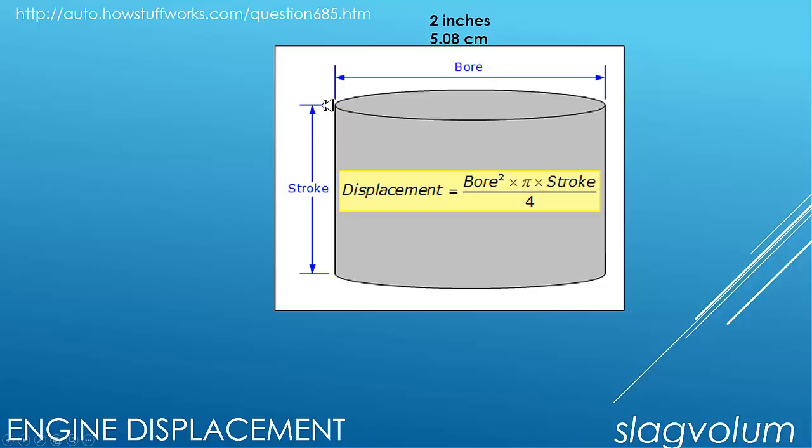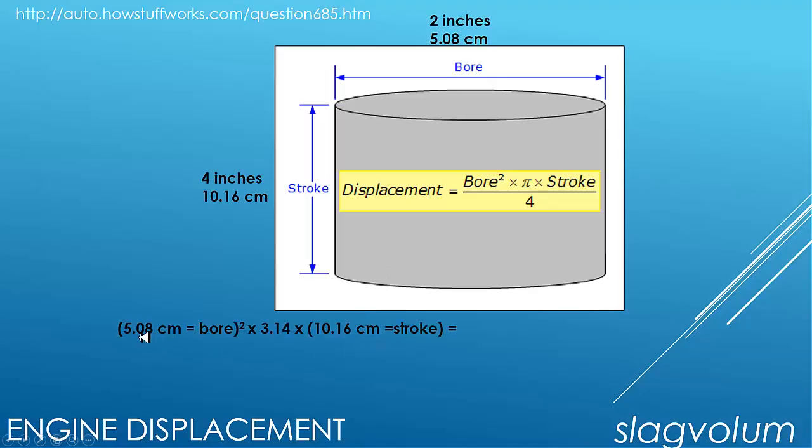And then how far the piston goes from bottom dead center to top dead center is called the stroke, the distance that the piston actually goes up and down on its strokes, okay? So let's just say, for example, that's 4 inches, and in centimeters, 10.16. So you've got to do a little bit of math. Here's the formula to find the displacement.